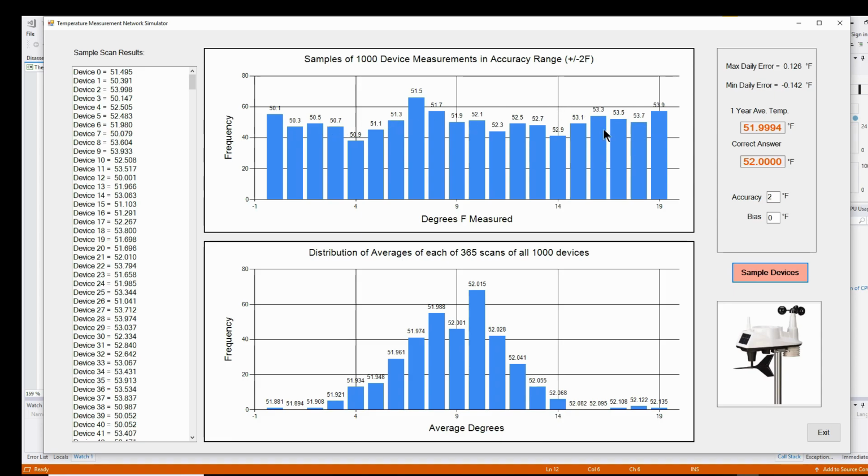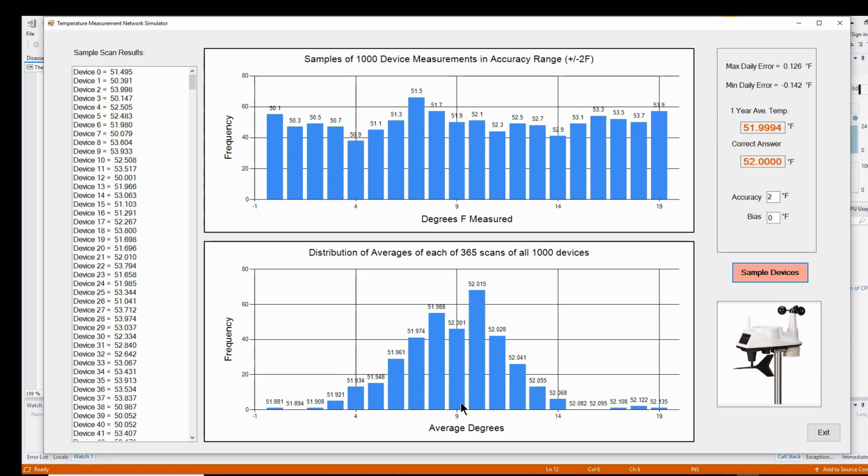As you can see, it's not perfectly flat, but usually it's about 50 to 60, and it averages out to a flat number of occurrences. So this tells me I have a fairly random distribution of readings between 50 and 54. The proof will be in how all these average out.